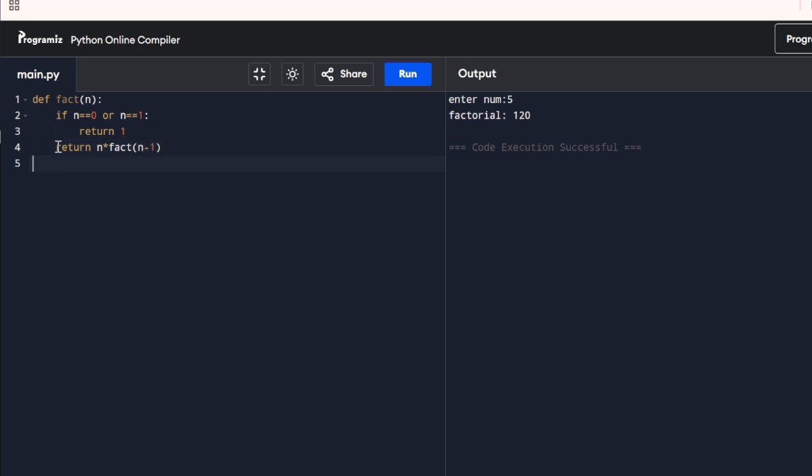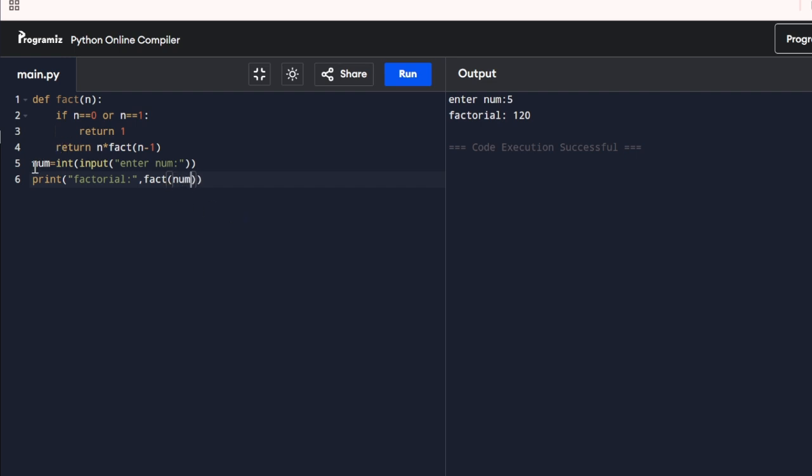Now you could take the num input from the user, enter number. Here you need to print the factorial: print factorial is factorial of num.